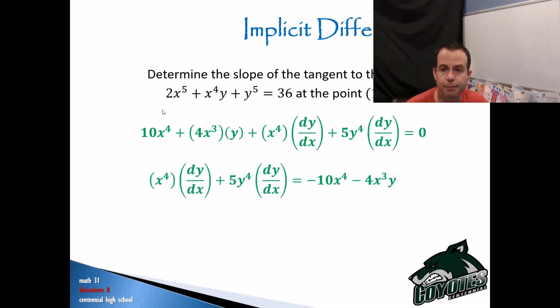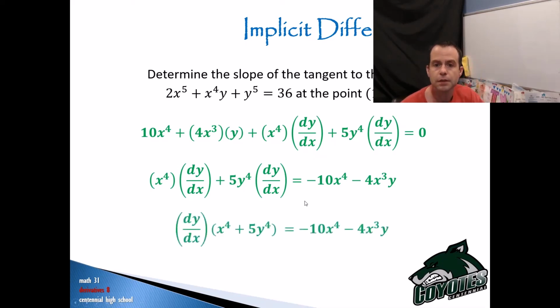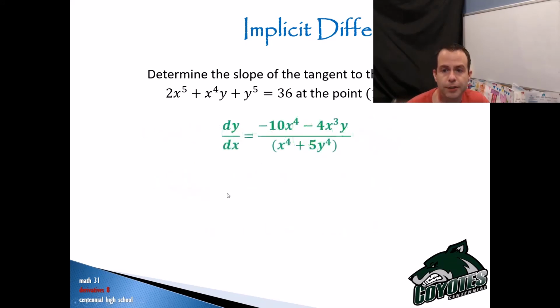All I've done is move my 10x to the 4 and my 4x cubed y over to the other side. Now the terms that involve the derivative of y are on the left side. I'm going to factor out the derivative of y, and then I just have to divide by x to the 4 plus 5y to the 4. If I do that division, this ends up being the implicit differentiation.